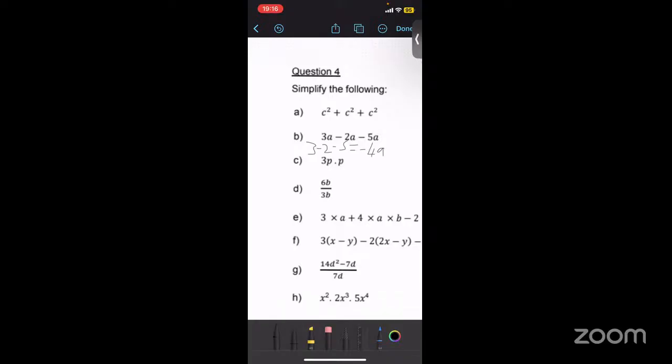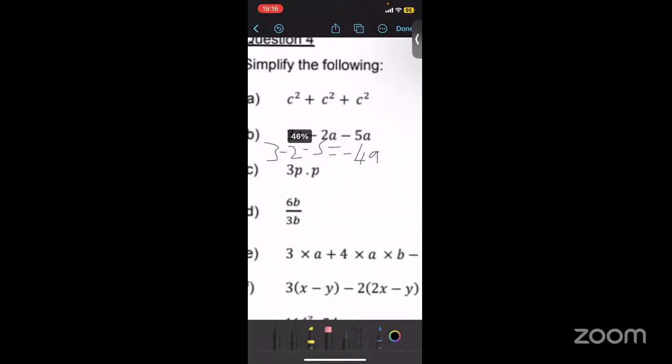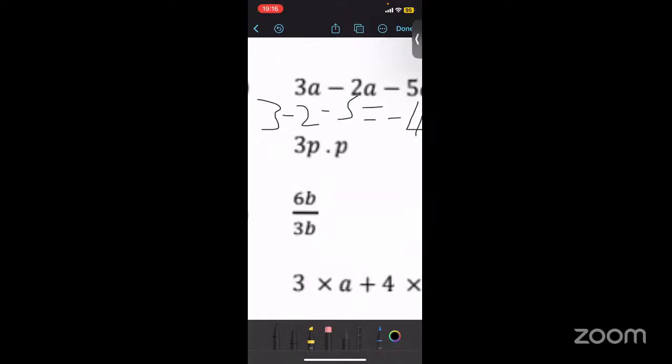Wait, what did you say? I'm working on C. Yes. 3p times p equals 3p to the power of 2.